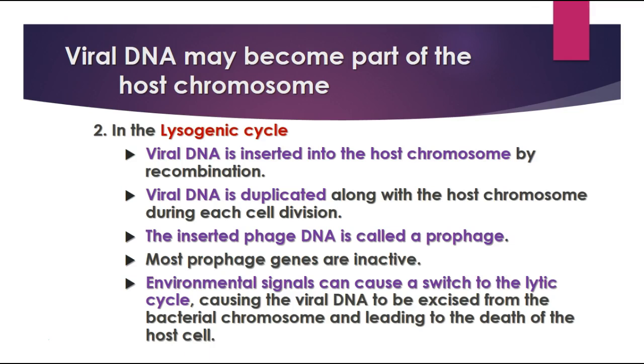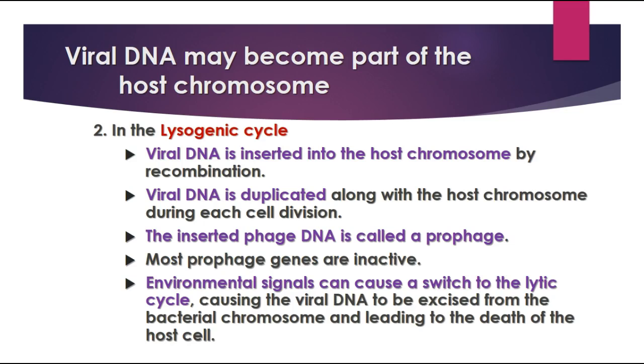The other type of viral reproductive cycle is called the lysogenic cycle. In the lysogenic cycle, the viral DNA is inserted into the host chromosome, not just into the cell, but into the chromosome. The process of inserting DNA from a different source into a chromosome is called recombination, and it kind of hides there.